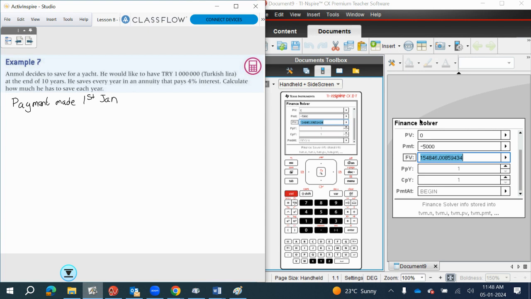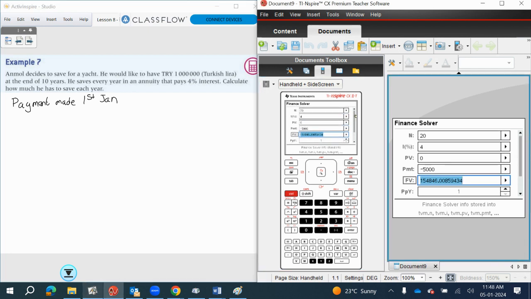Okay. So let's see how we're going to enter this one in. Follow me through on this one. You can work this finance solver in two different ways, and you'll see some of the examples in the book doing it differently. I'm going to explain how you should always think, my way, and I'm going to try to be very consistent. N is the number of years, unless you're working with payments.